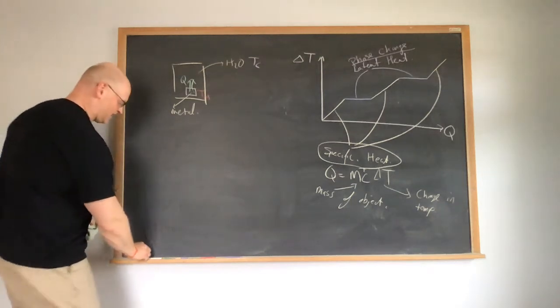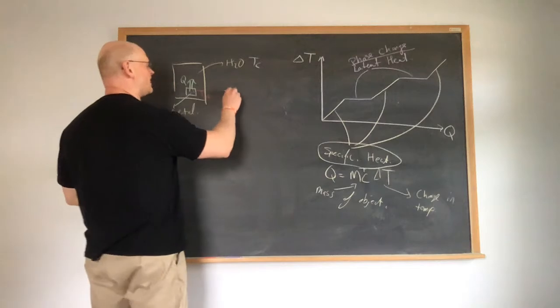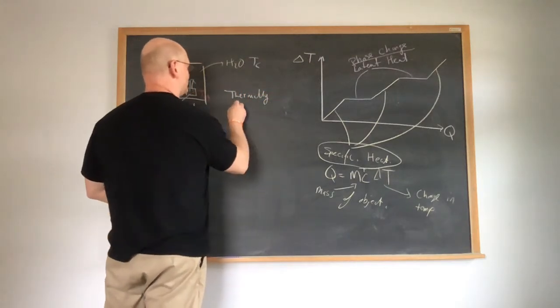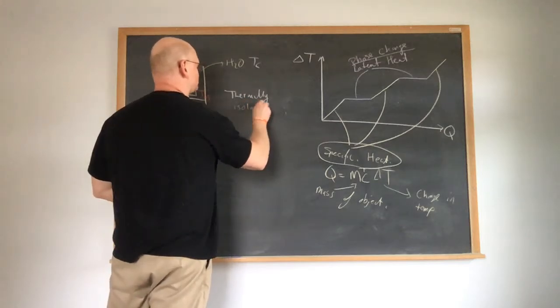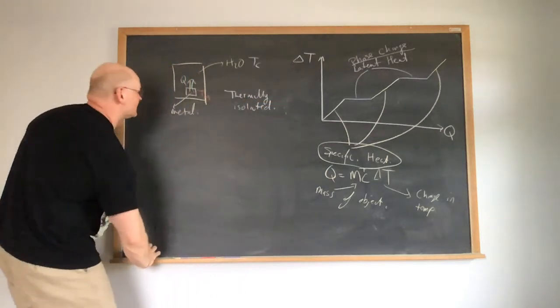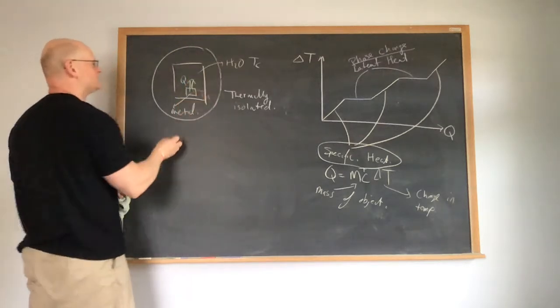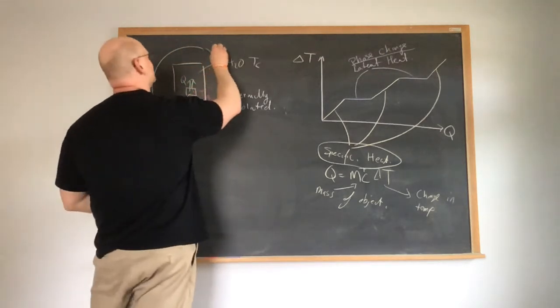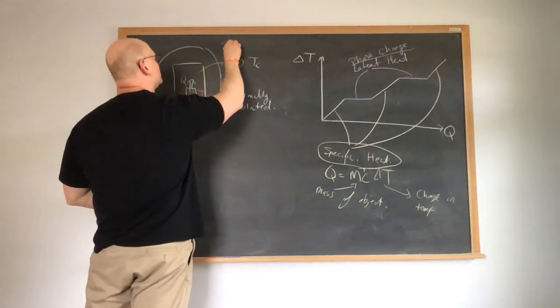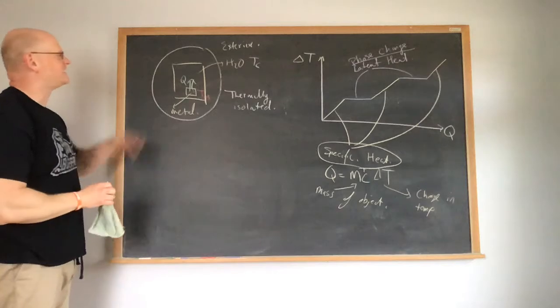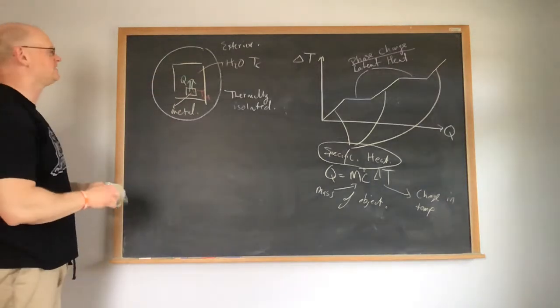Okay. Now, again, we're going to assume that this is what's called thermally isolated, which basically means that all of this is going to be completely insulated from the exterior. So whatever is happening out here, on the exterior, is isolated from what's happening on the inside, and the inside is isolated from what's happening on the exterior.